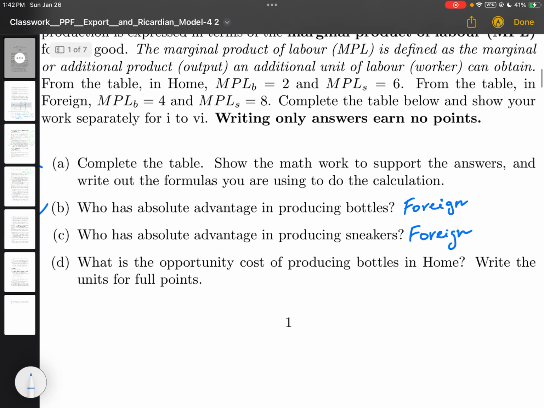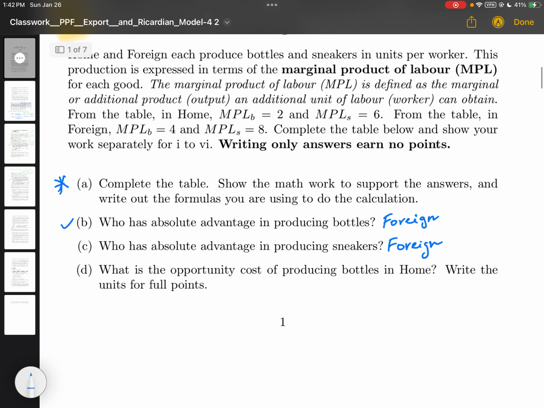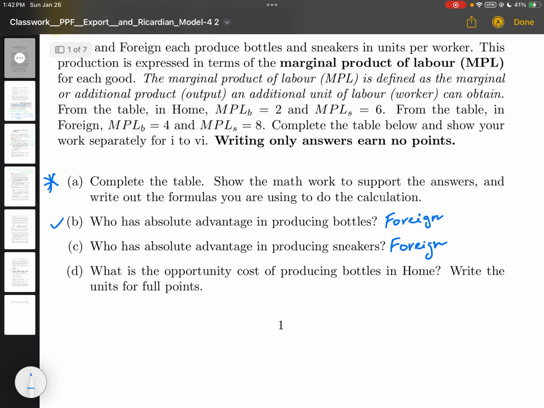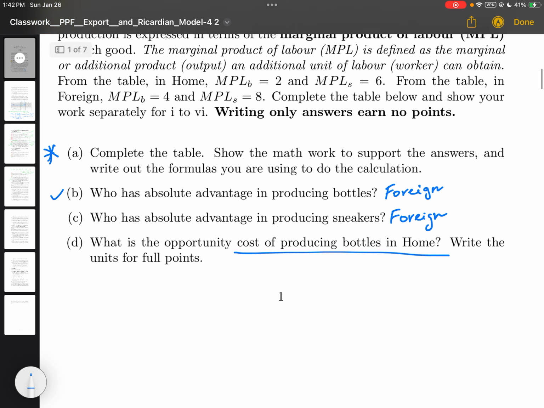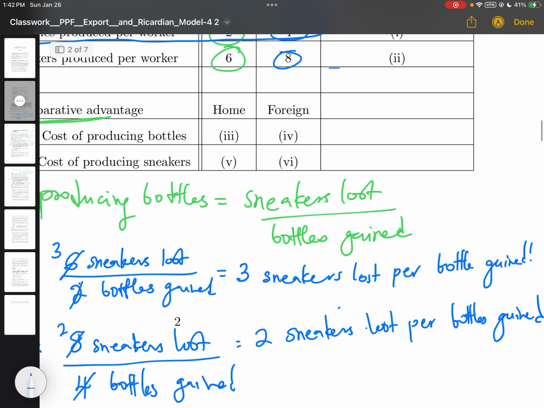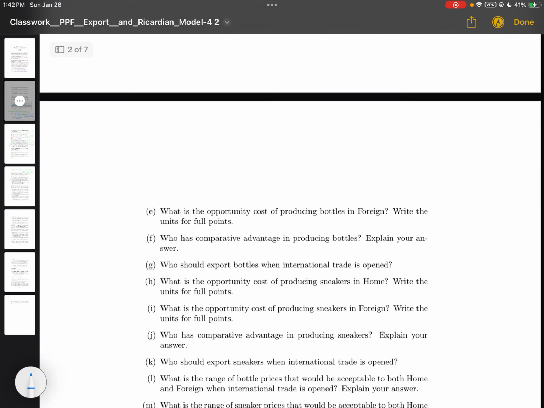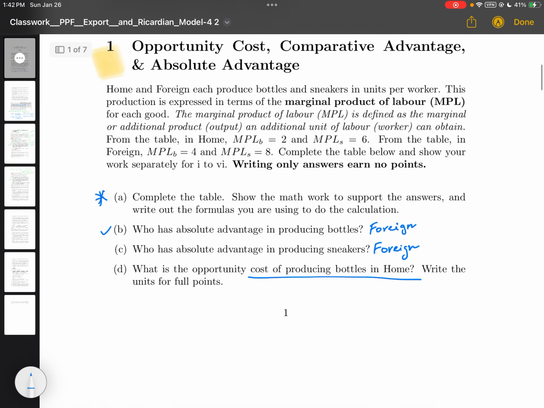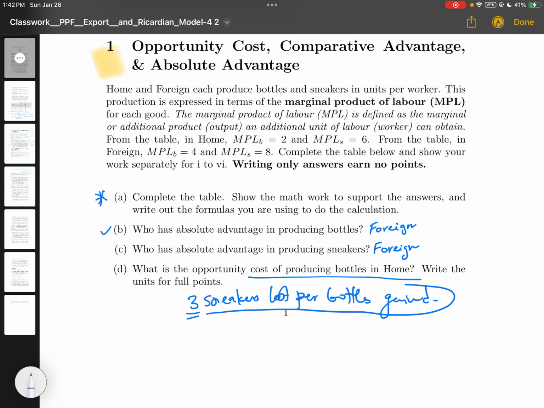And then we calculated the opportunity cost of producing bottles. Opportunity cost of producing bottles in home. We need to write the units as well as the value. That was 3 sneakers lost per bottles gained, and so up here, 3 sneakers lost per bottles gained. So this is the value and that is the unit.